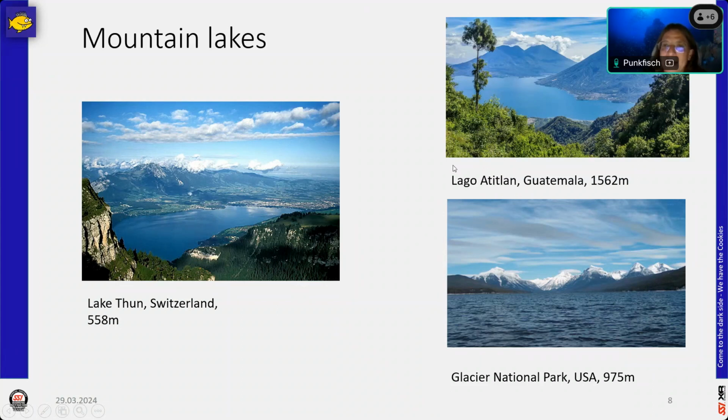The highest I did dive was actually in Lago Atitlan in Guatemala, which is at 1,500, which is already an altitude where you do need to do certain adjustments, and it's deep as well. But there are not very many dives being done at 2,000 meters or more. So in the places where we actually go, we have to adjust a little bit.